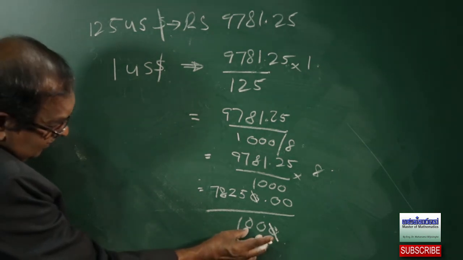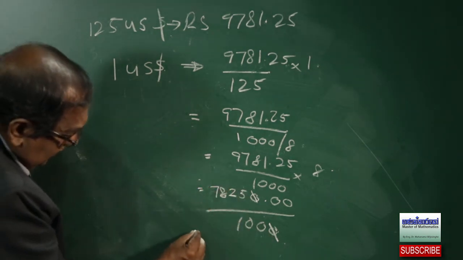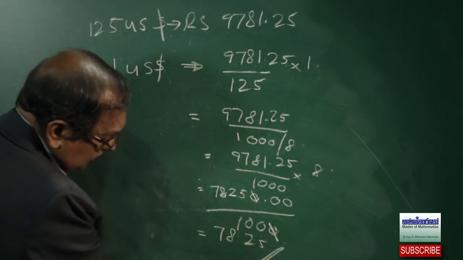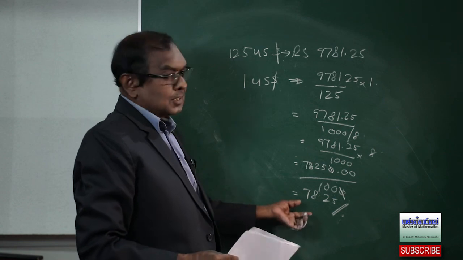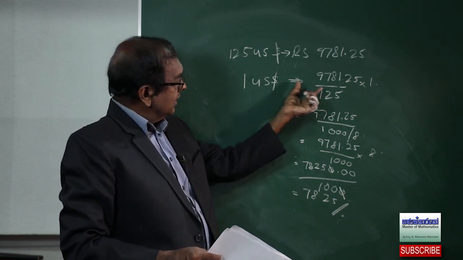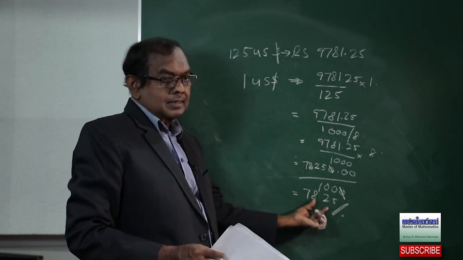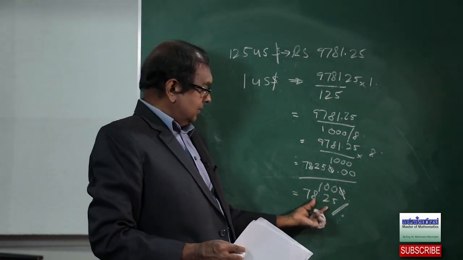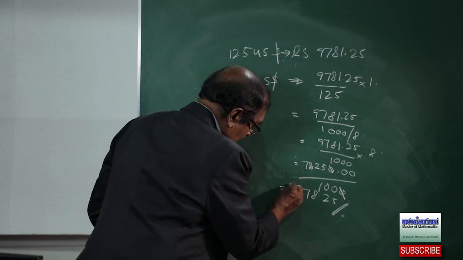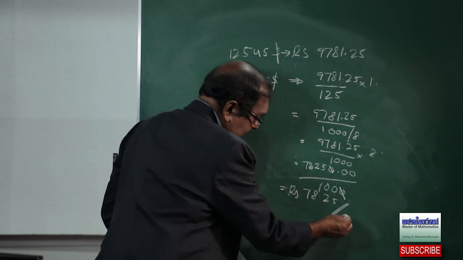Then divided by 100 means we have to introduce 2 decimals, 78.25. This is the answer. 1 US dollar is equal to 78.25 rupees. Therefore, the answer should be in rupees.